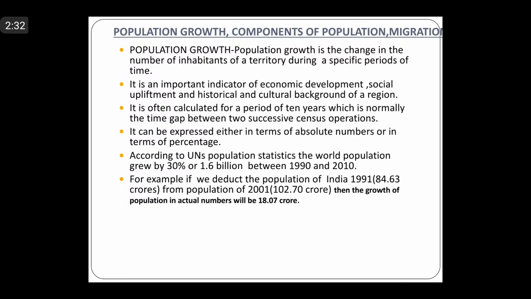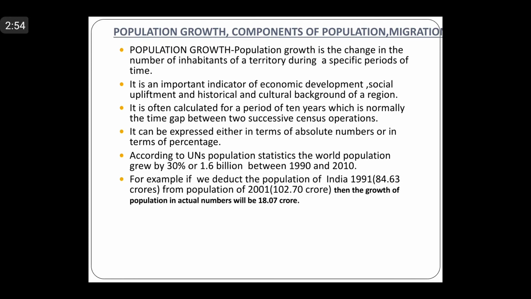The absolute numbers added each year or a decade is the magnitude of increase. It is obtained by simply subtracting the earlier population.